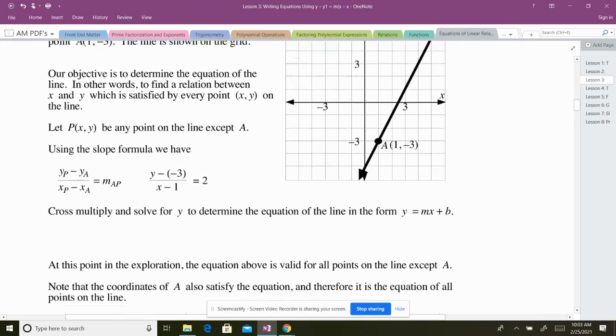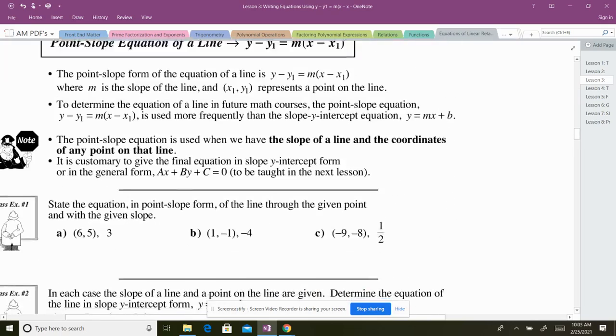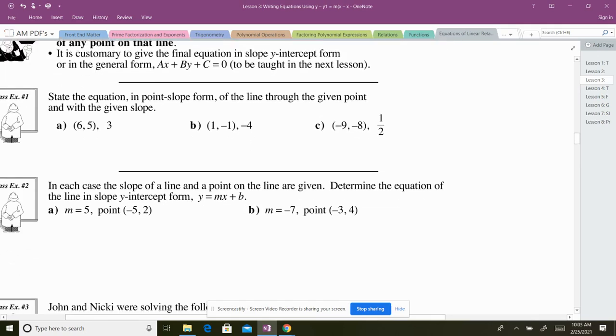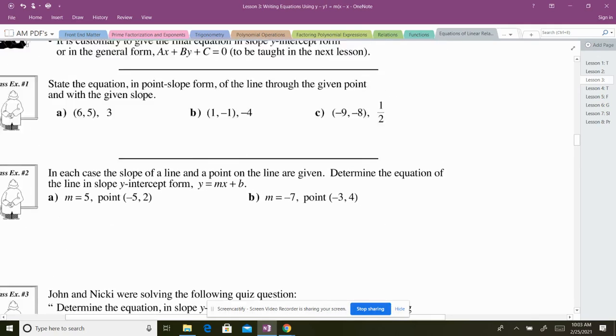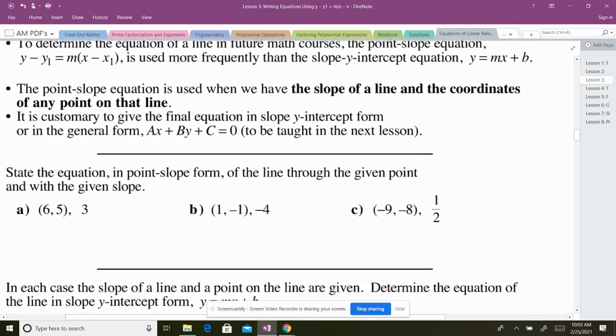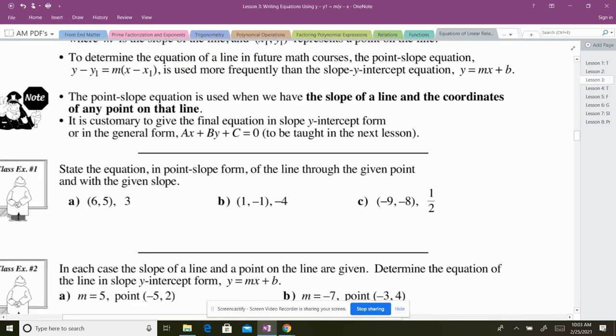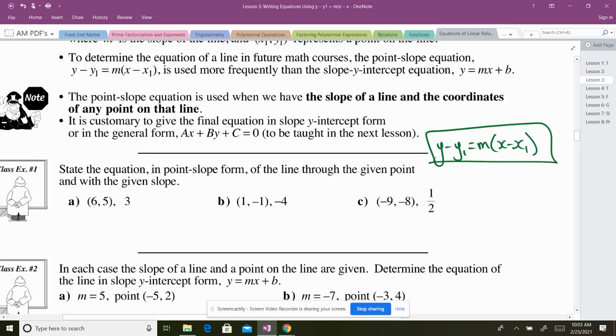So we're going to skip to the next page. We're going to skip that page. We're going to go straight to here. All right. Here's our formula. Again, I will give you this formula: y minus y1 equals m times (x minus x1). We have a line that goes through this point and has that slope.